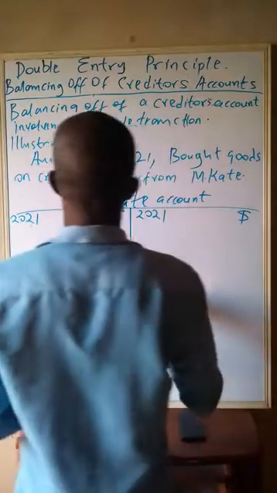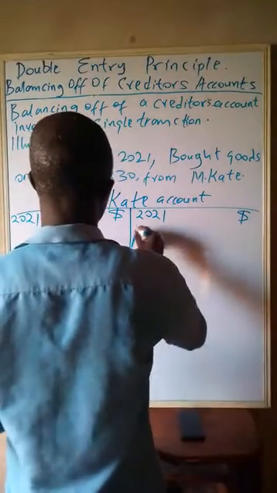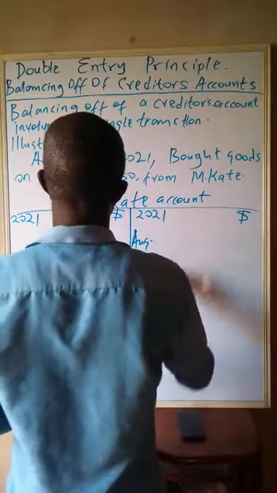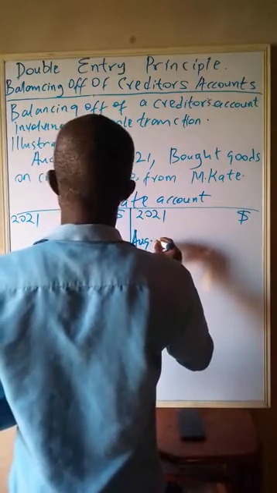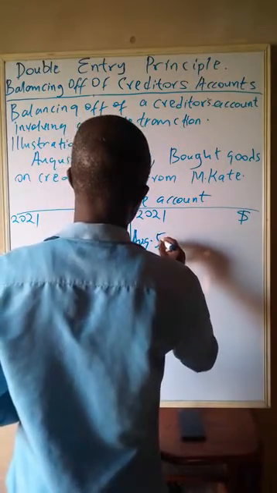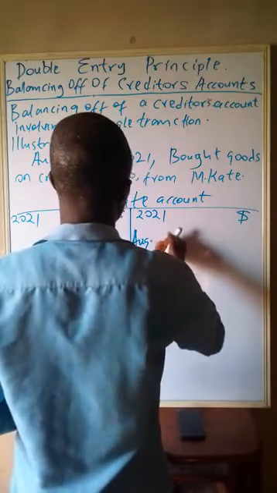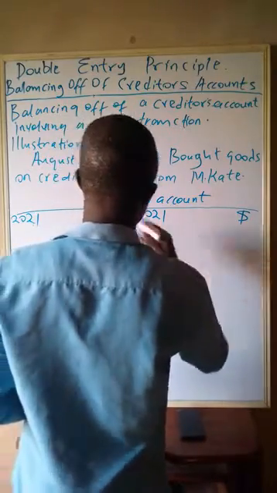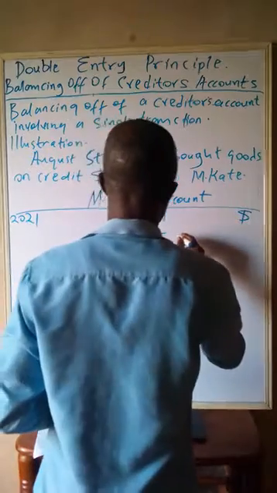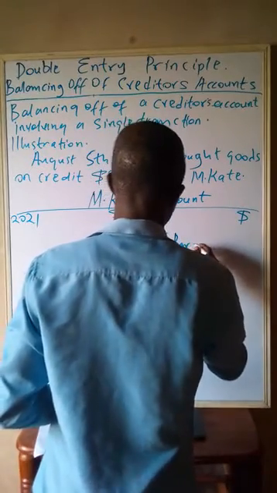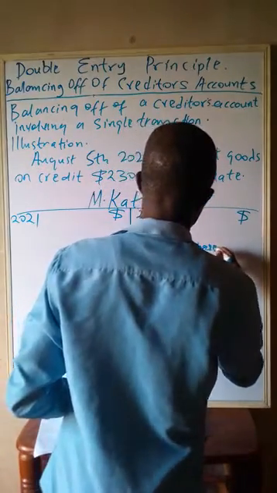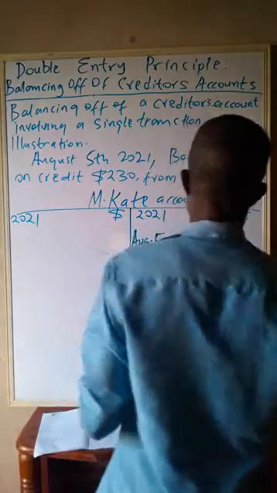I have my August 5th. August, short form of August, 5. What is the corresponding entry? That is purchases account.